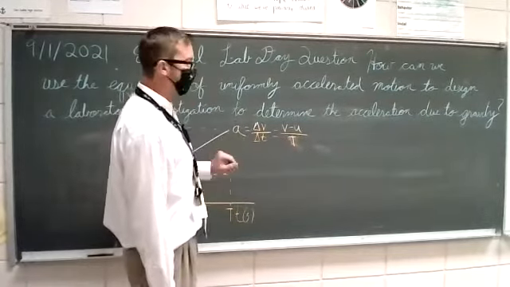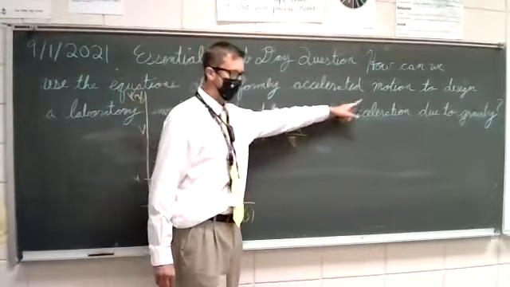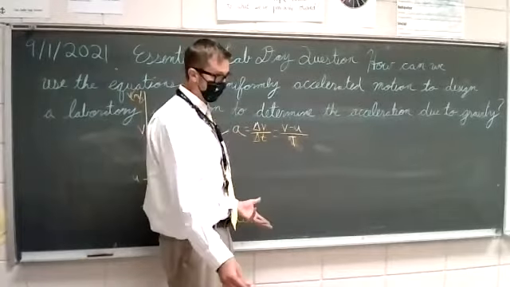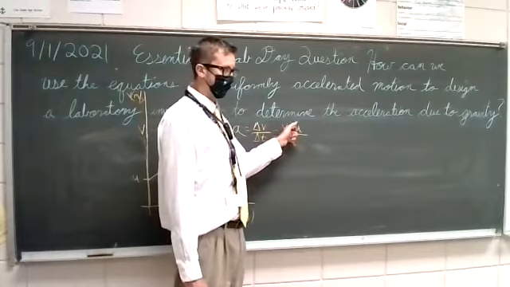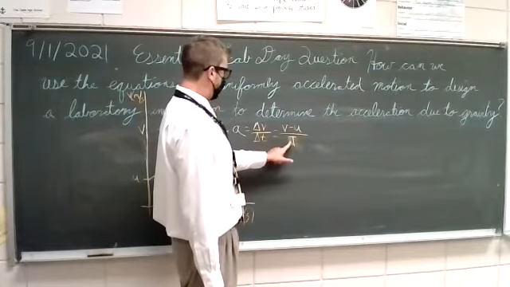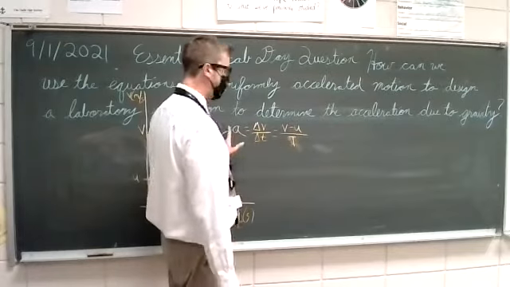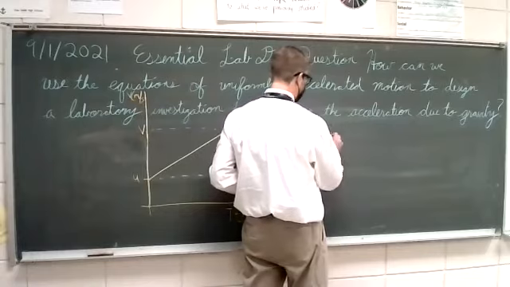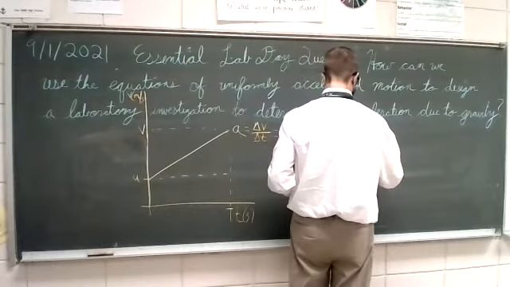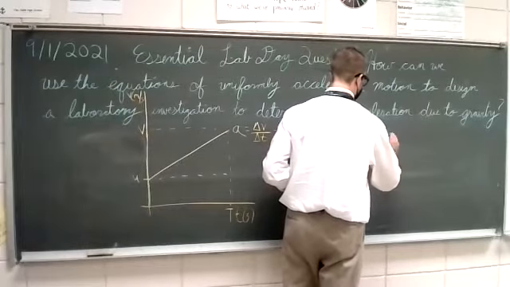One of the things we don't like with our equations of uniformly accelerated motion are the things that you don't like as students of math, like fractions and negative signs. So let's get rid of all that. If a equals this, I'm going to multiply both sides by t. Let's rewrite it over here. at, multiplying both sides by t, is v minus u.